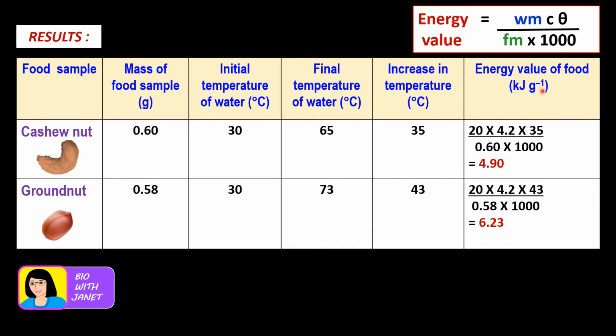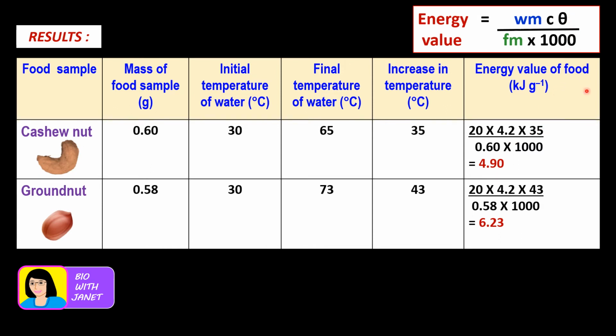Now the energy value of cashew nut equals the mass of water, which is 20 grams, because 1 ml of water is equivalent to 1 gram. So 20 ml water, 20 grams. So 20 times the specific heat capacity of water, the c is 4.2, it's a constant, times the temperature rise.